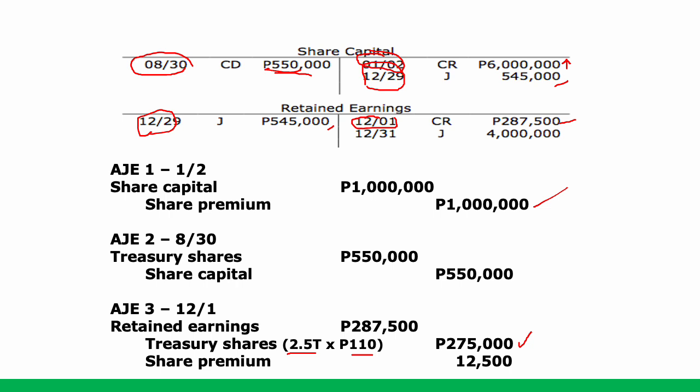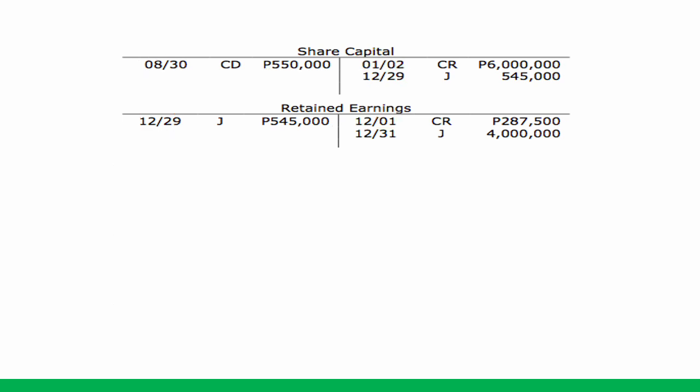Shares that are entitled to dividends are those outstanding shares, and outstanding is equal to issued less any treasury. So let us calculate the outstanding shares on the date of dividend declaration. The issued shares were 50,000 based on the January 2 transaction. But there were treasury shares reacquired, 5,000.